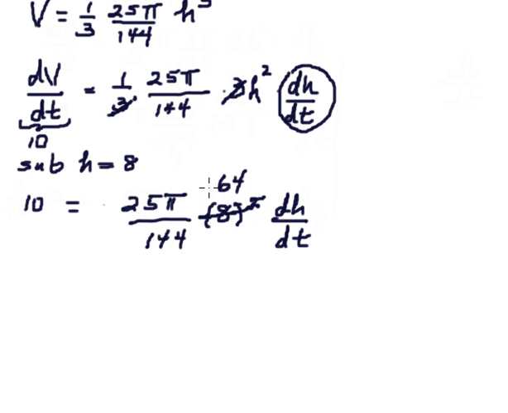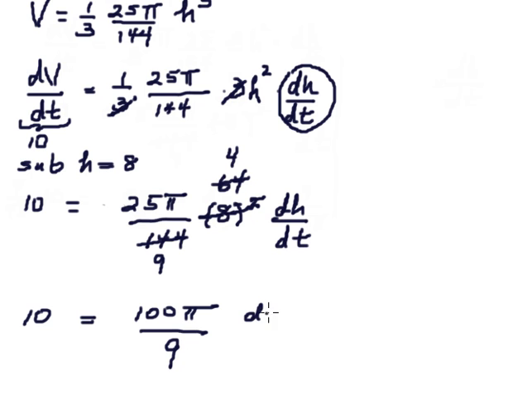And let's divide by 16. 16 into 64 is 4 times, and 16 into 144 goes 9 times. All right, simplify, rewrite. We have 10 is equal to 4 times 25, 100 pi over 9 times dh/dt.